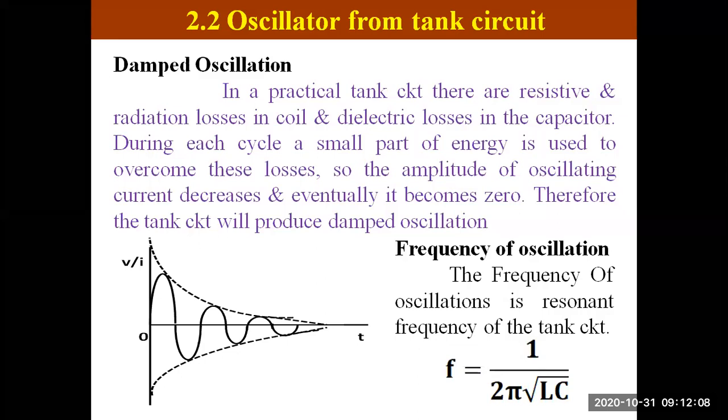Why does the tank circuit produce the damped oscillation? Because the inductor has radiation and resistive losses, and the capacitor has dielectric losses, and therefore some part of the energy of each cycle is used to overcome these losses, so that the amplitude in each cycle decreases, as shown in the figure.